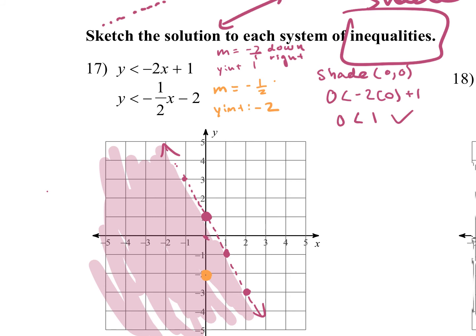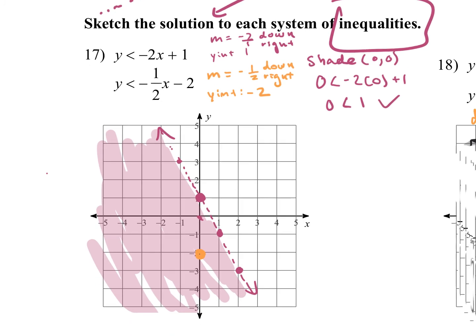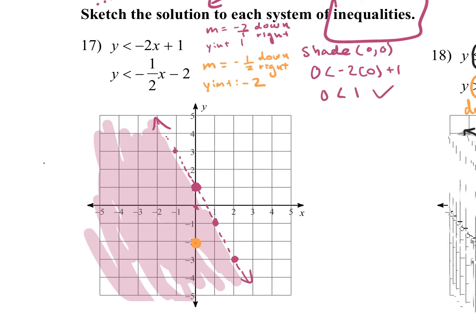Up or down? Down. Down and left or right? Always go to the right. If it's negative, you go down. If it's positive, you go up. But always go to the right. So down 1 to the right 2. Down 1 to the right 2. Do I connect these with a solid line or dotted line? Dotted. So I have a dotted line going this way.